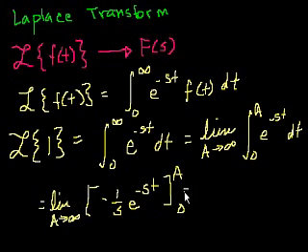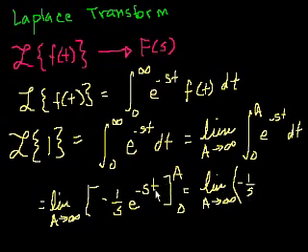So this is equal to the limit as a approaches infinity of, okay, if we substitute a in here first, we get minus 1 over s. Remember, we're dealing with t. We took the integral with respect to t. E to the minus s a, right?